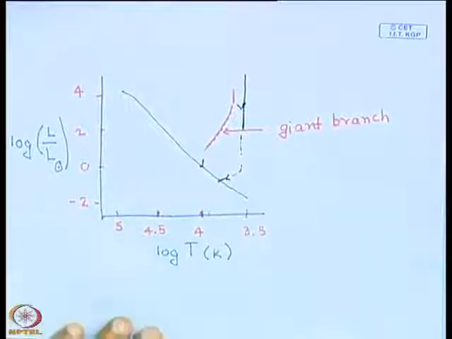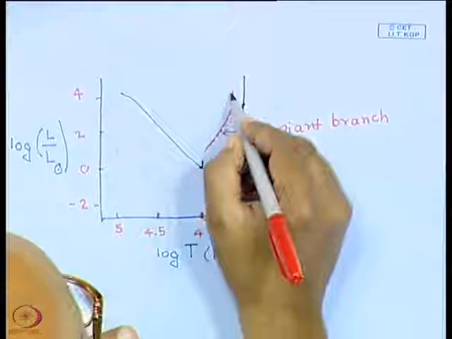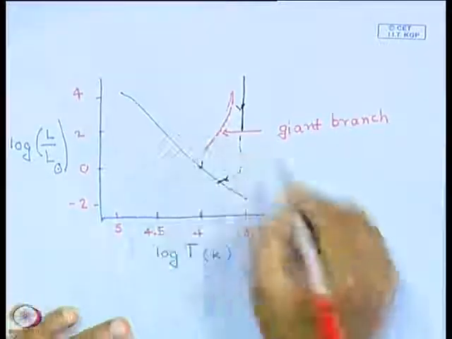After this, the star goes into another state which is called the horizontal branch.